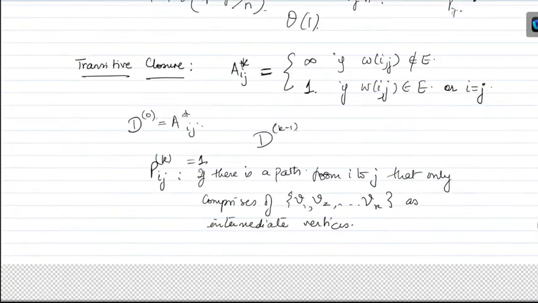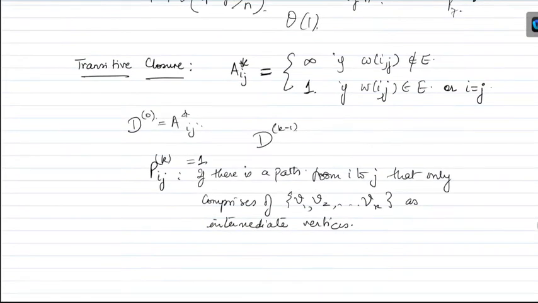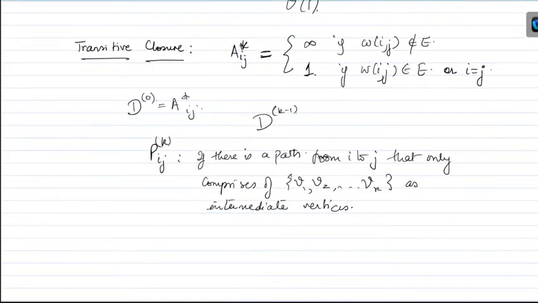Is that clear? So now we are not interested in the distance, the length of the path and so on. We are just interested in whether or not there is a path. So, okay, I shouldn't say this equal to 1. Pijk is a path from i to j that only comprises of v1 through vk as intermediate vertices, right?